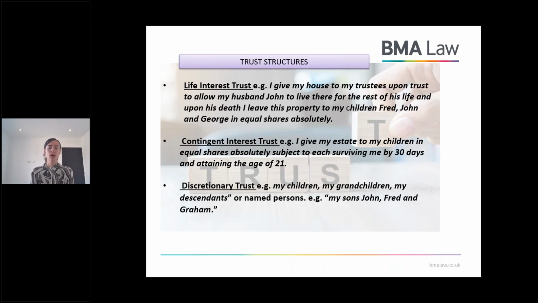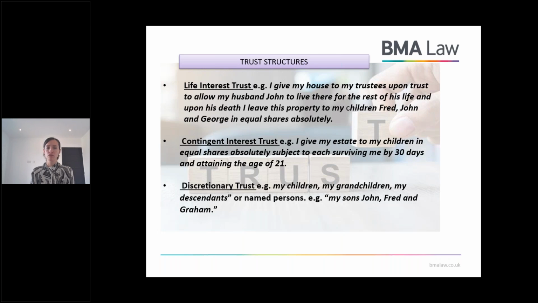The wills that we draft say, well, in actual fact, we give powers to the trustees to potentially, should the testator wish, release funds to that child or children before attaining the age of 21 for good reason, be it education, healthcare, residence, good reason.